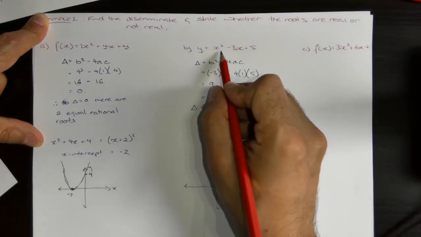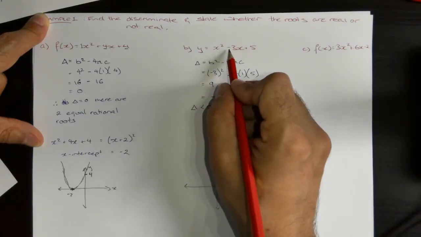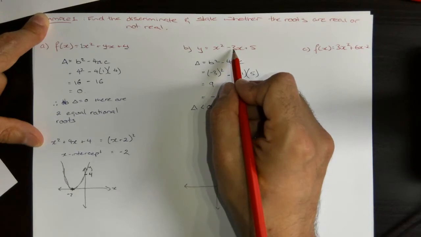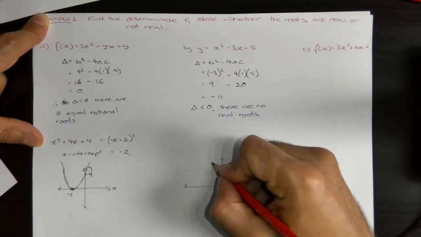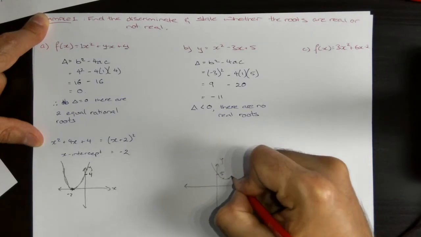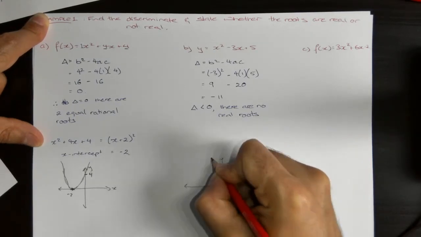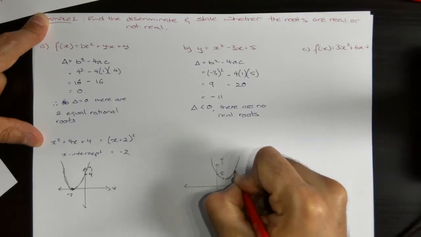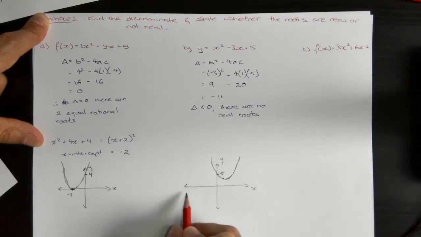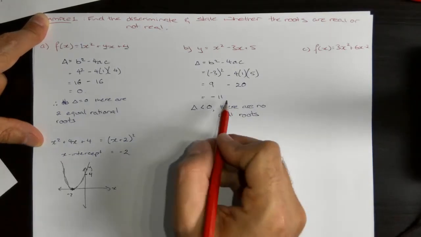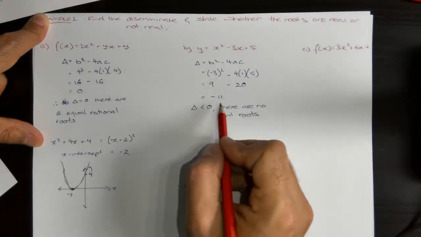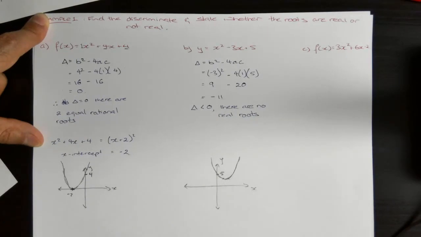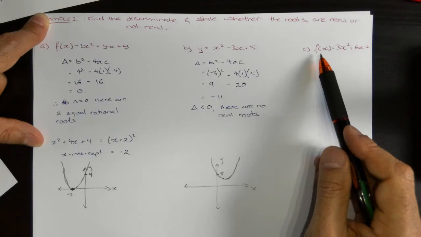Then we've got 4 minus 6 is minus 2, plus 5, so we've got something that, just doing it quickly, looks something like that. And as you can see, it doesn't cross the x-axis, so there are no real roots. And that's why we get a negative number underneath the square root sign in the quadratic formula.